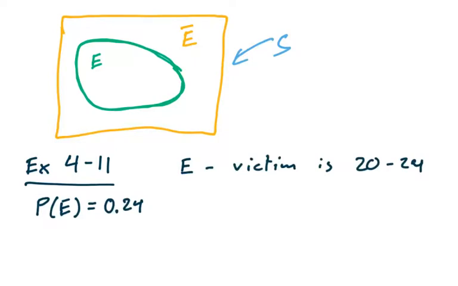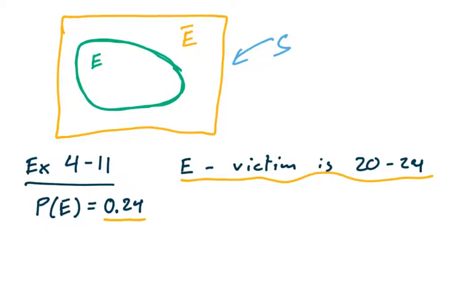Okay, in this situation, the event, E, is that we select this victim and they are within this age range, 20 to 24. All right, they told us 24%. And so the probability of E, that is equivalent to the decimal 0.24.